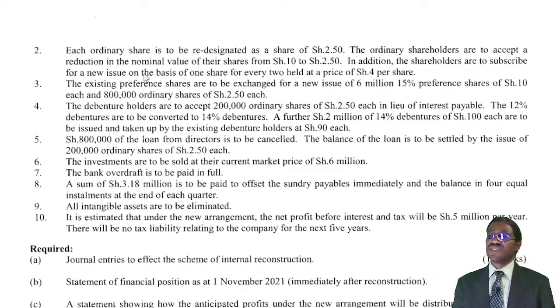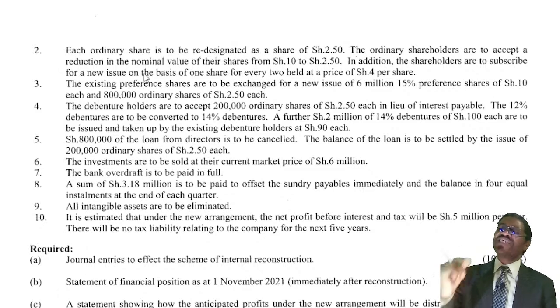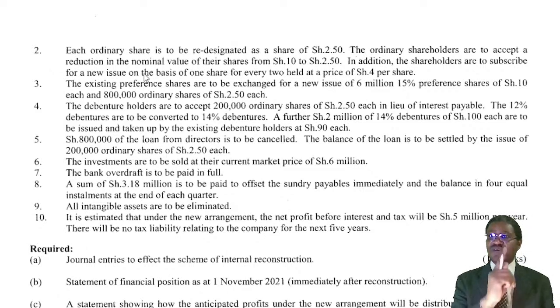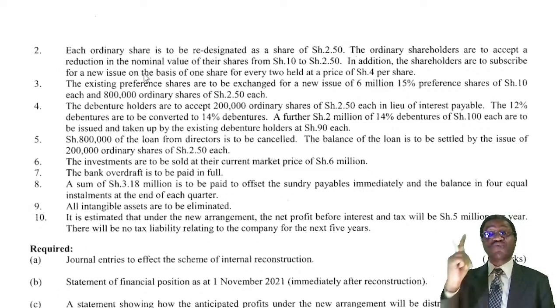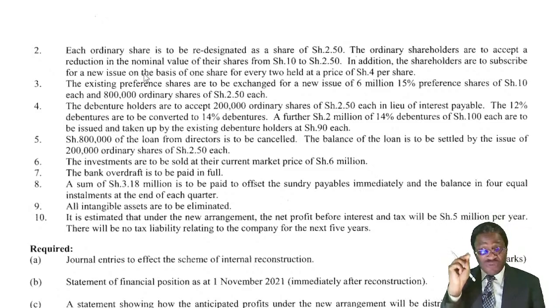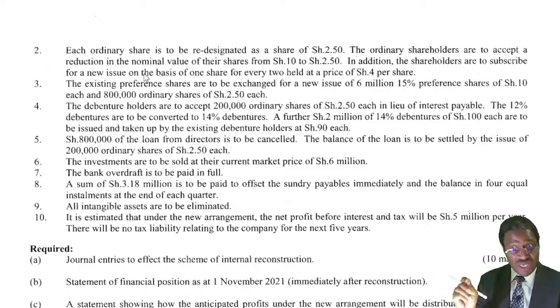Then it was redesignated as a share of 2.5. And once it was redesignated that way, we had to reduce the capital value per share from 10 to 2.5. That's what we wrote off. So we had write off 7.5 per share.